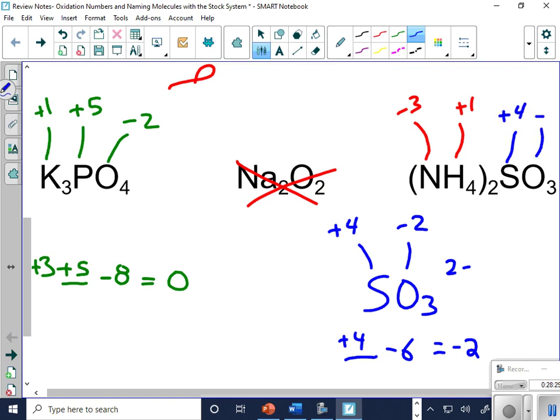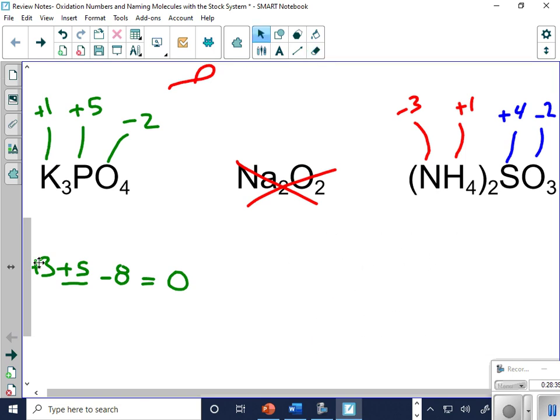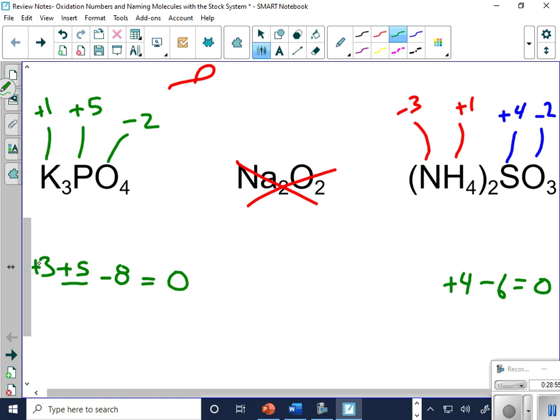I put a -2. Now, on this particular one, I could do a little check, because I know that this entire thing has to equal 0, right? So if I do my check, -2 times 3 is -6, +4 for what I have for sulfur. Now, here's the kind of funky bunch because of those parentheses. Because those parentheses double everything.